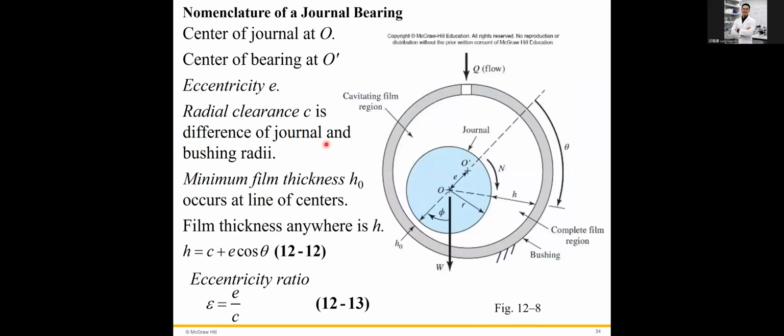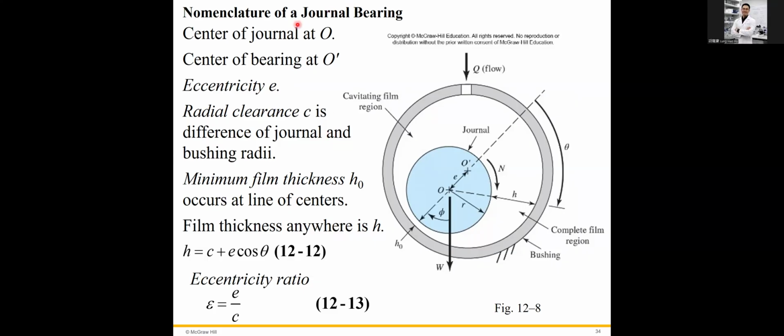Okay, so as I mentioned previously, in the journal bearing the clearance is not constant, it's varying during rotation. So let's focus on some nomenclature of the journal bearing.